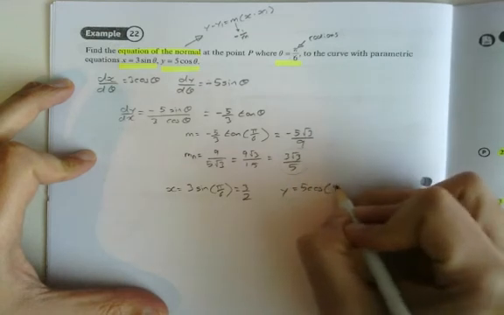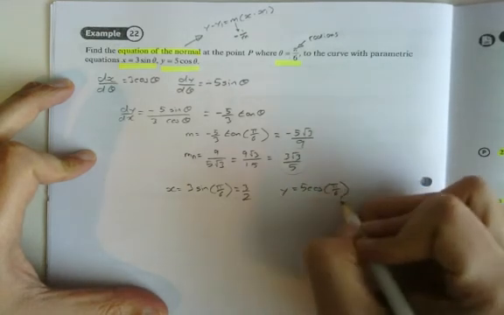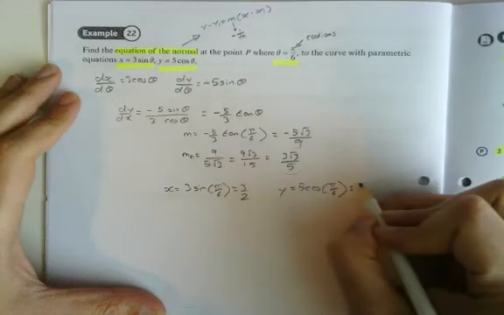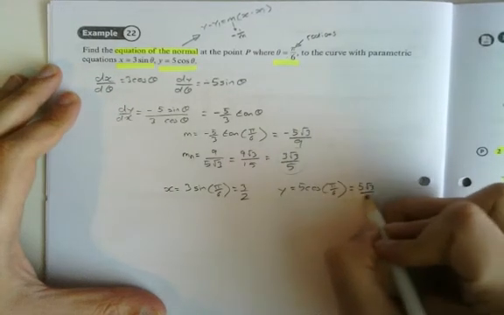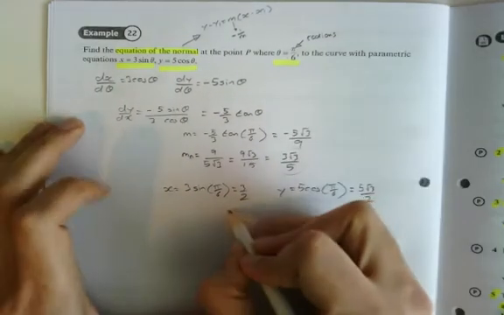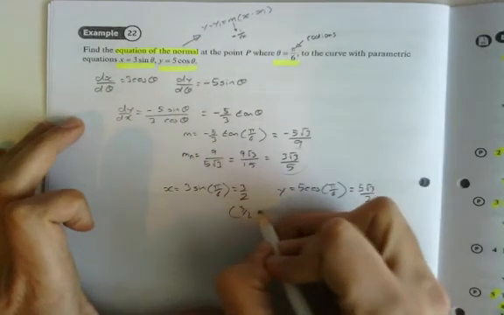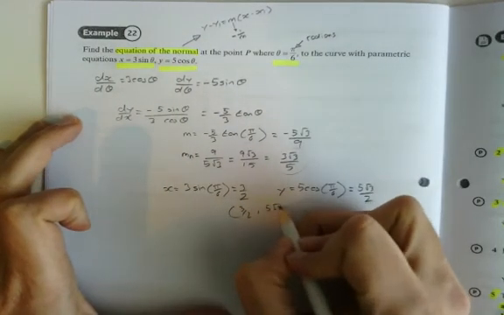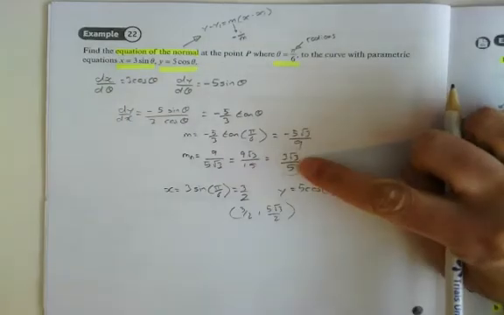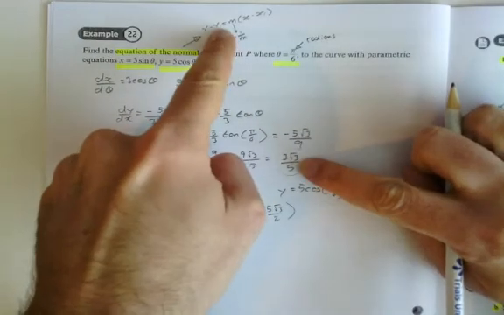And y is going to be 5 cos pi by 6. And if you sub that in your calculator, you're going to get 5 root 3 all over 2. Okay, so effectively the coordinate at that point is 3 over 2, 5 root 3 over 2, and there's the gradient.